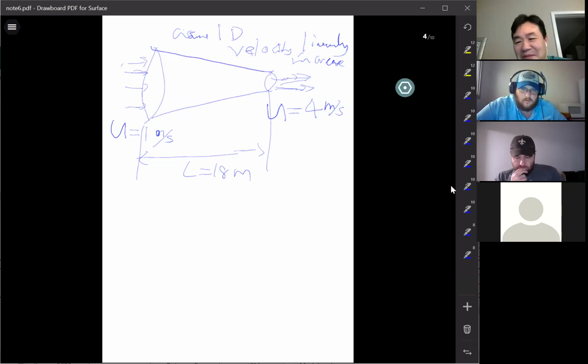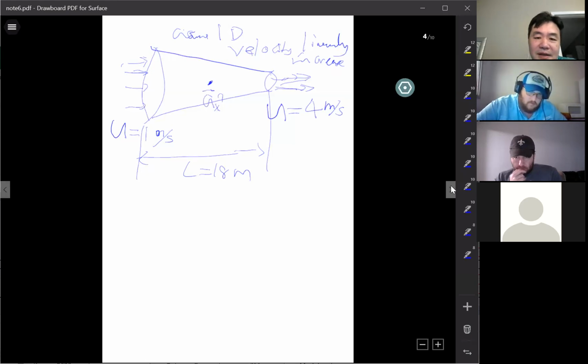Make our life a little bit easier. Velocity linearly increases, you know what that means, first order increasing. The goal is to find the acceleration in the middle of the nozzle. What is the acceleration here? You can say it's a vector, but it's 1D, so it's okay. Acceleration in the middle of this nozzle. What is it? I put a question mark here.